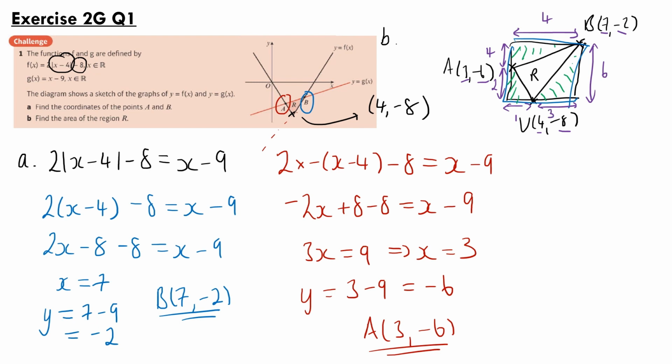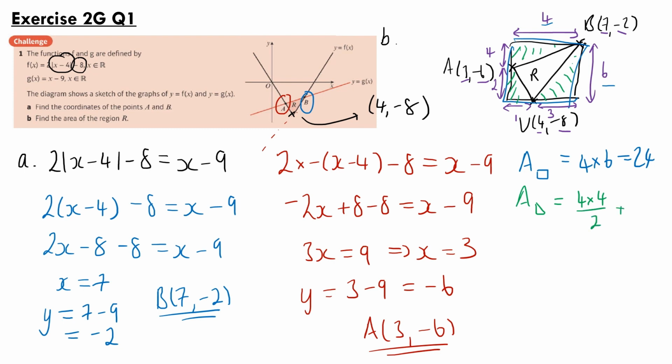Okay, so if we think about the area of the entire rectangle, that will be our 4 times our 6, which is 24. And for the 3 right angle triangles, for the top left one, we're going to have 4 times 4 divided by 2.